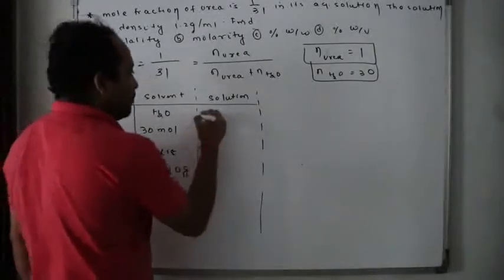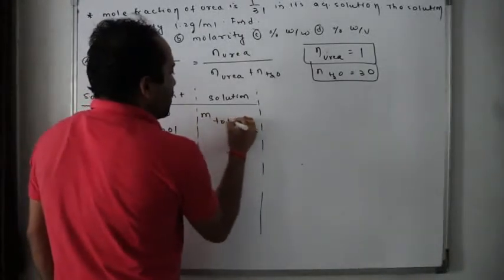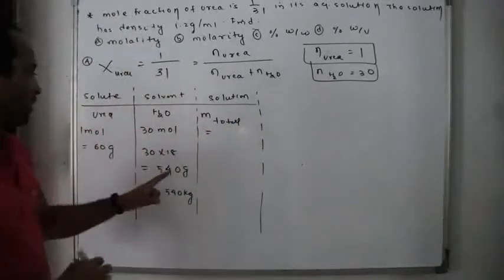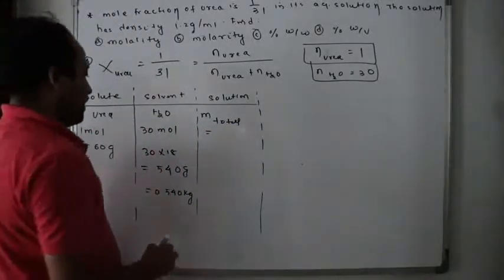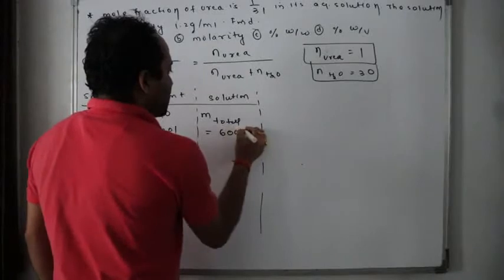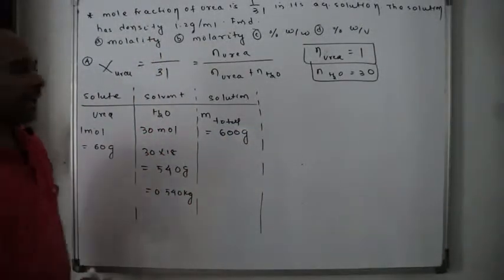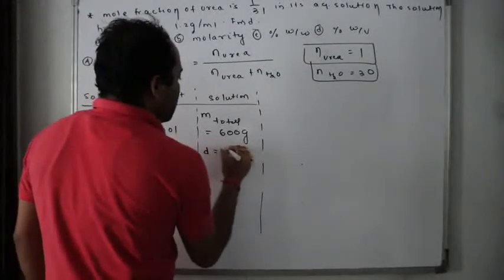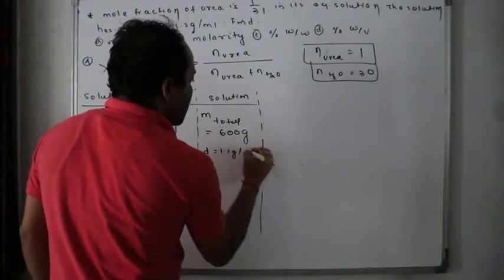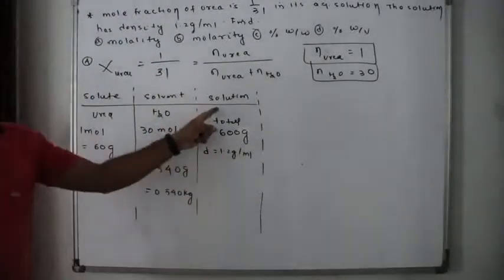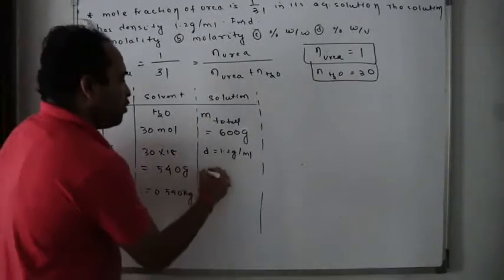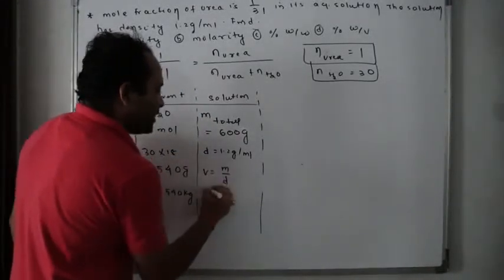Solution. Mass total: this mass is 540, this is 60. It comes to 600 grams, isn't it? 540 plus 60, 600 grams. Density is given, 1.2 gram per ml. Density is given, mass is given. How to find volume? Volume is equal to mass by density.